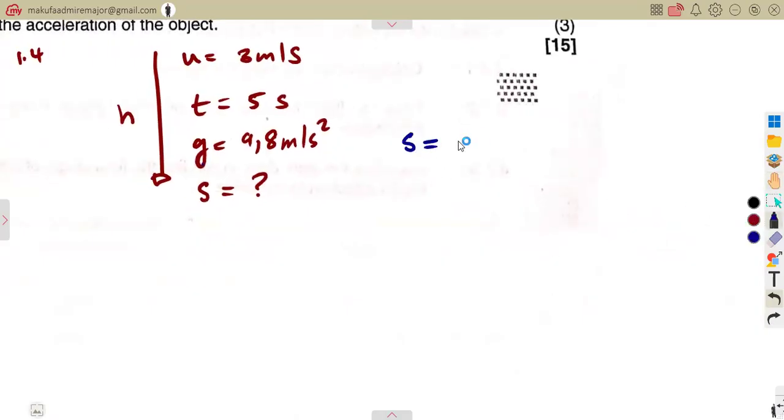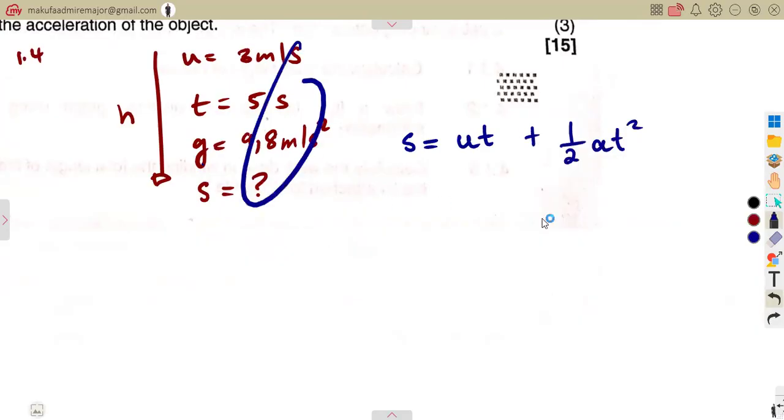But in this case, that is your displacement. So S from the formula is given as ut plus half at squared. So according to what we have, this is the best formula that we can use, where there is initial velocity, time, and acceleration. This is acceleration, only that it's a special type of acceleration, gravitational acceleration, but it's acceleration.